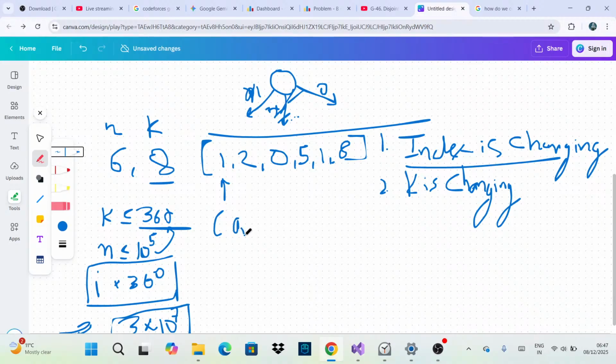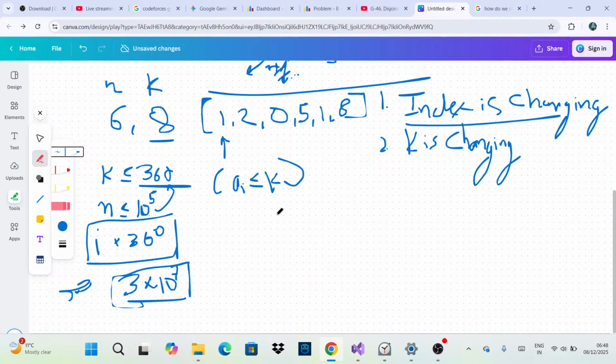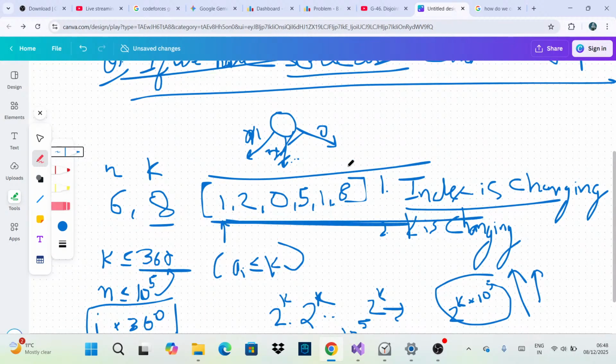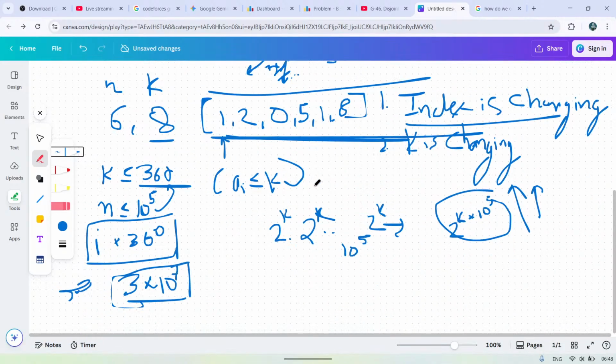So AI should be less than or equal to K. So at most at each index we can have K values, so 2 to the power K at each, till 10 to the power 5, so it will be like 2 to the power K into N raised to the power 5. That's a really, really big number. So that doesn't make sense to go through this way. There should be a better way.